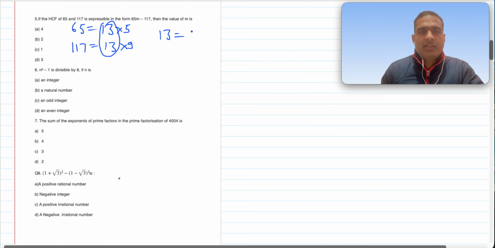And if 13 is expressed as 65m minus 117, what will be the value of m? So negative 117 will be brought to the left hand side, so it will become positive.